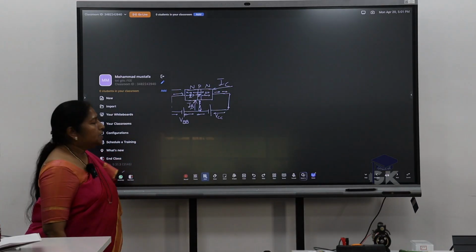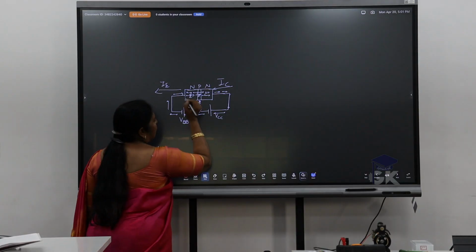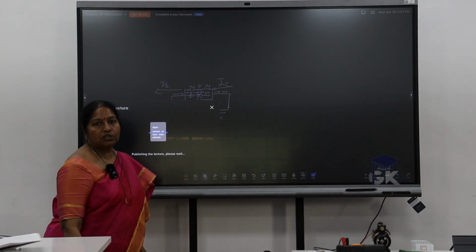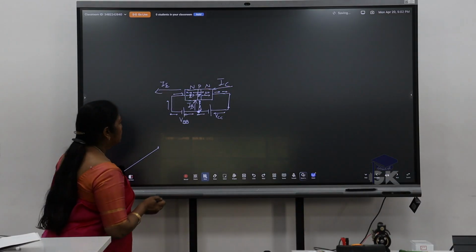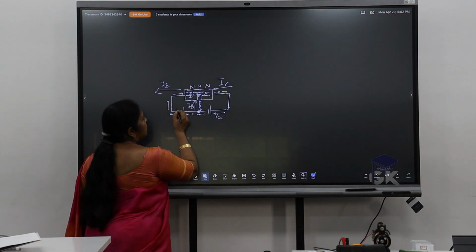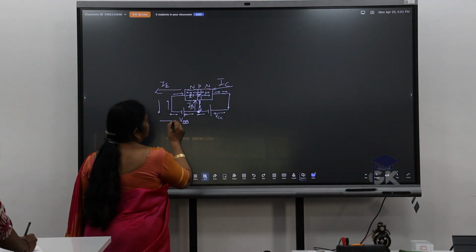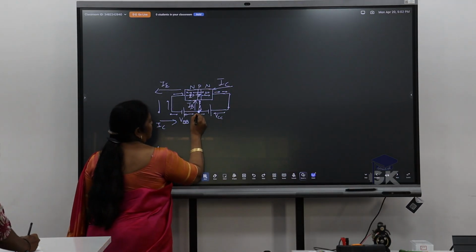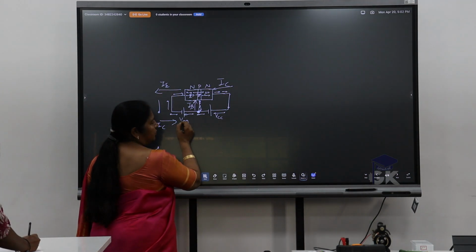Look at the junction. What is the current at the junction? Apply KCL here, Kirchhoff's current law. IC is away in this direction. At the junction, IE is this way. What is IC?